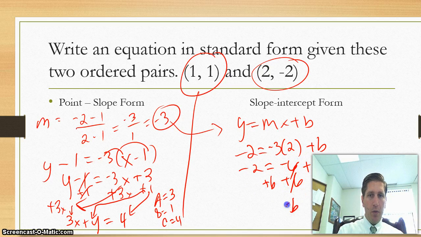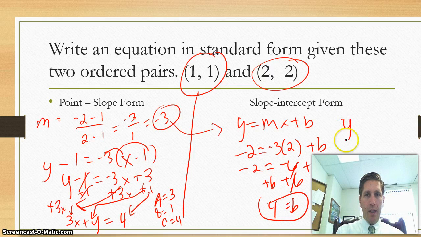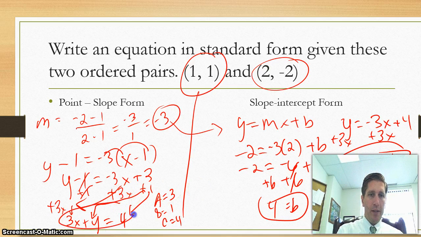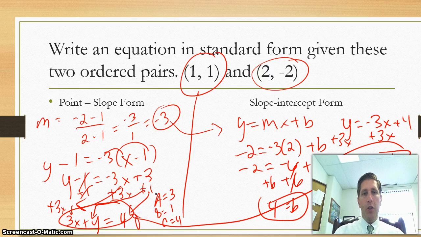I know b equals 4. So if I rewrote it, y equals negative 3x plus 4, slope-intercept form. Add the 3x over, 3x plus y equals 4. So you can see that using point-slope form or slope-intercept form, you can write it in standard form.